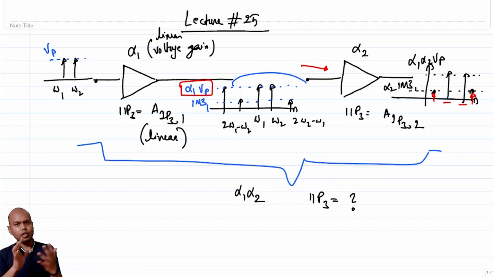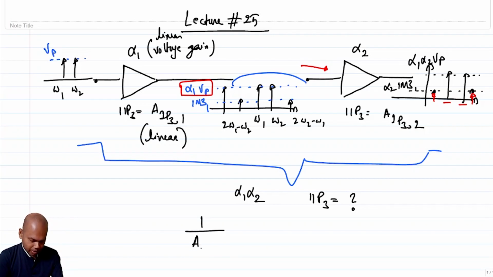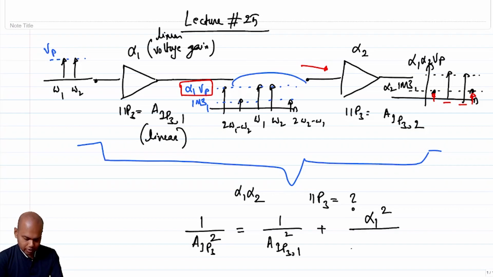So you have to add up these two tones, and if I neglect the potential phase shift that can also happen when adding this up, then I am going to get an expression, and that expression is something like this: 1/AIP3² = 1/AIP3,1² + α1²/AIP3,2².